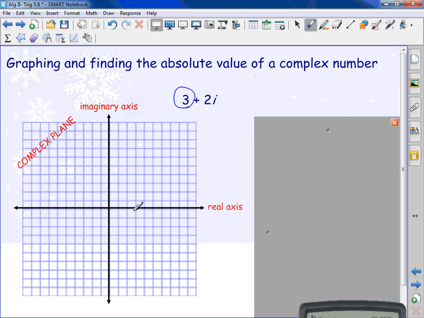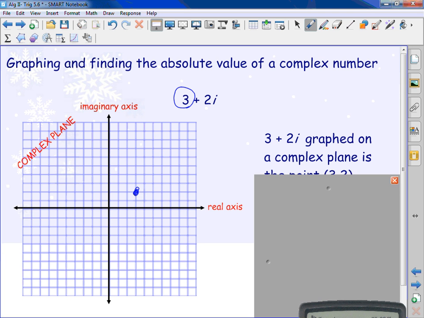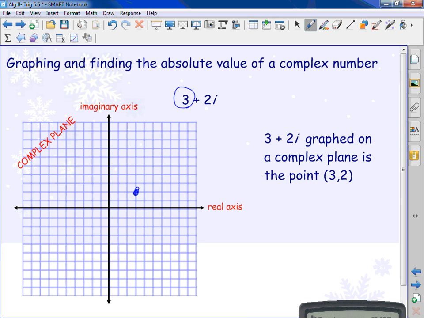What's my imaginary? 2. This would be 3 plus 2i. That's it. That point. It would be the point 3, 2. But you have to understand how to graph imaginary numbers. In Algebra 1, we talked about imaginary numbers. Not yet. Now this is the time.